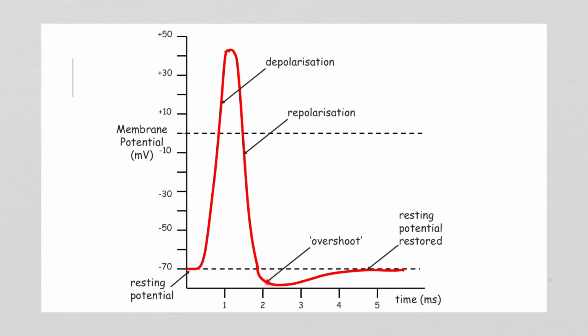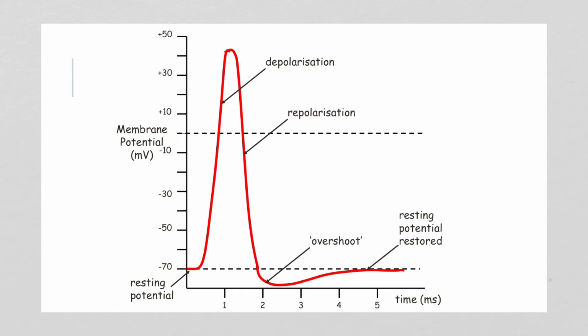That causes repolarization, but it takes a little bit longer for the channels to close, so you actually overshoot the resting potential. Then you have to restore that with the sodium-potassium pump. So there's a depolarization, a repolarization, an overshoot, and the resting potential is restored. We also have to reach threshold, and we'll talk about that too.